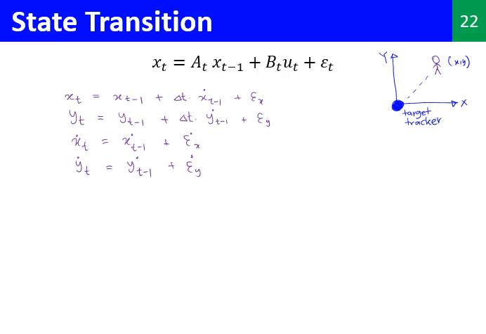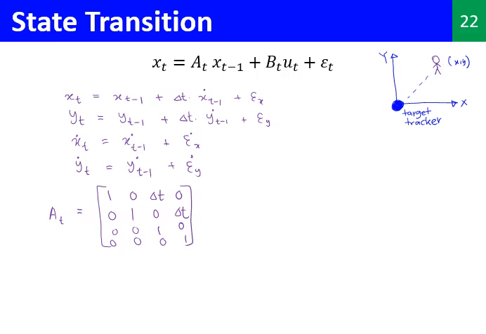Now can you identify the A matrix? So if you look closely, we can find the A matrix to be 1, 0, delta t, 0, 0, 1, 0, delta t, 0, 0, 1, 0, 0, 0, 0, 1. Okay, got it?